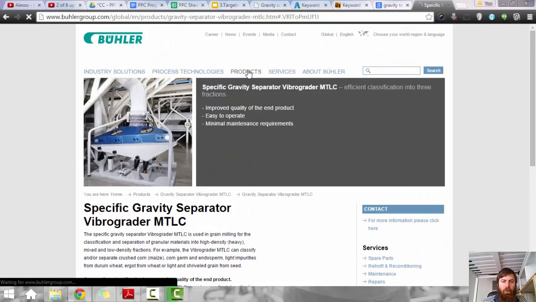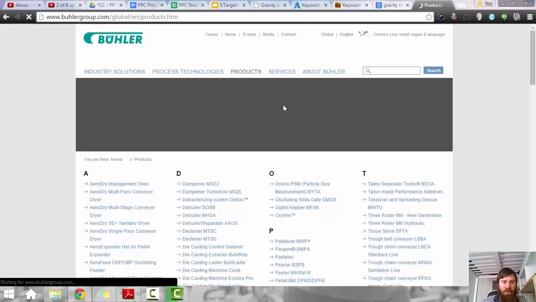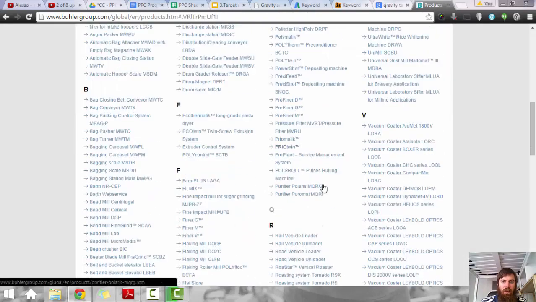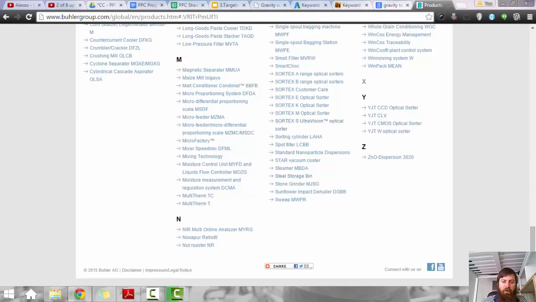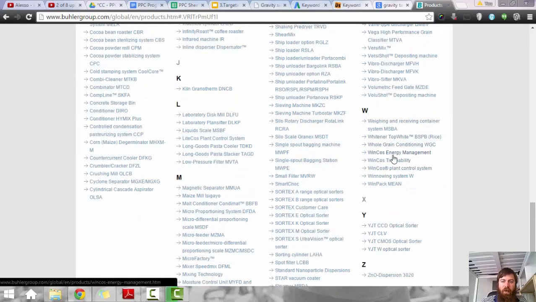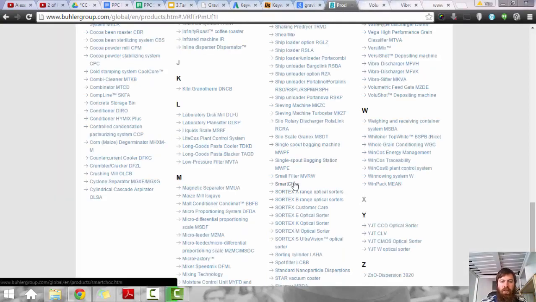So products, it looks like gravity separator is one of their products, but it also looks like they have an enormous number of products here. They have energy management, feed gate, vibro discharger. I bet all these things are extremely expensive as well. Smart shock.